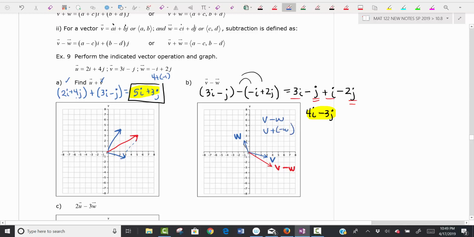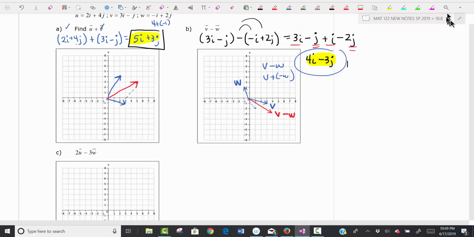When you do negative w, it changes the direction. So instead of going left 1 up 2, it'd be right 1 down 2. If we change the direction of that vector, it'd be going like that. And then you can see this resultant is going in the middle of those two right there. So the answer of that would be 4i minus 3j.